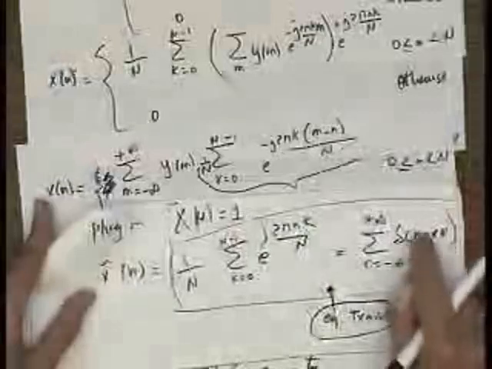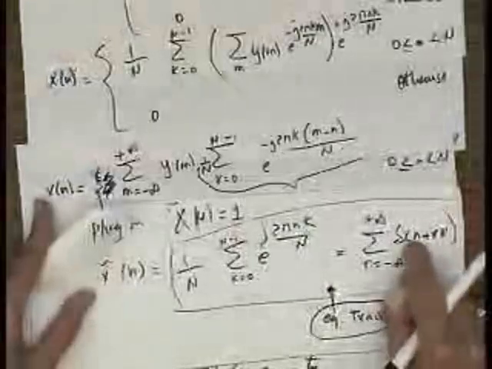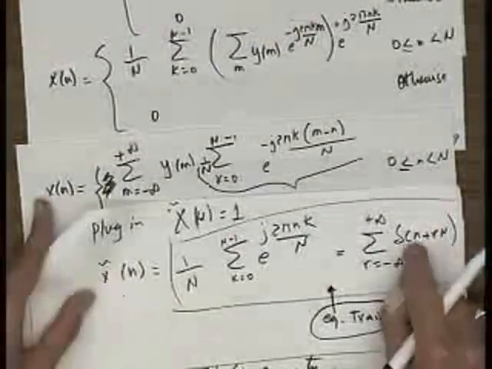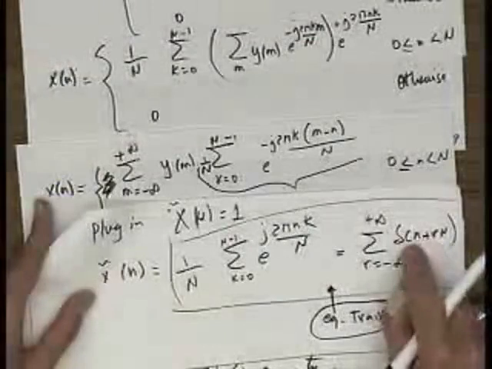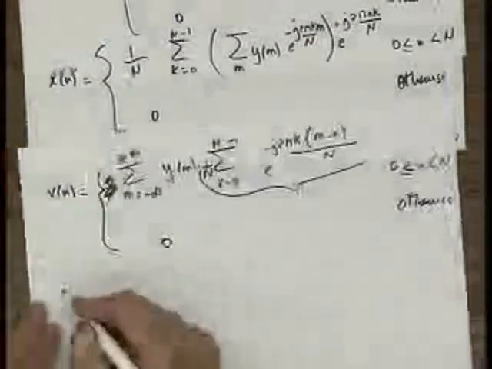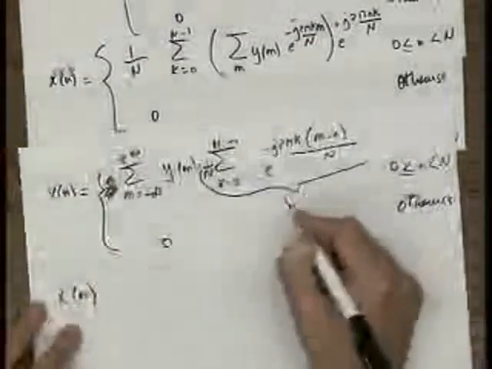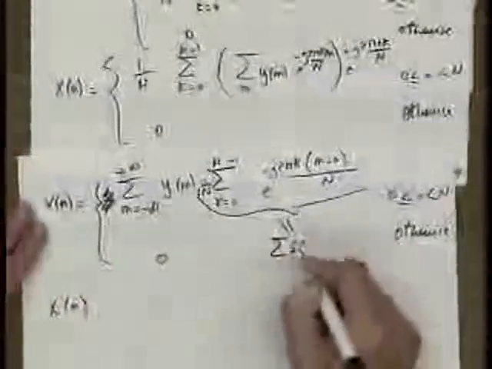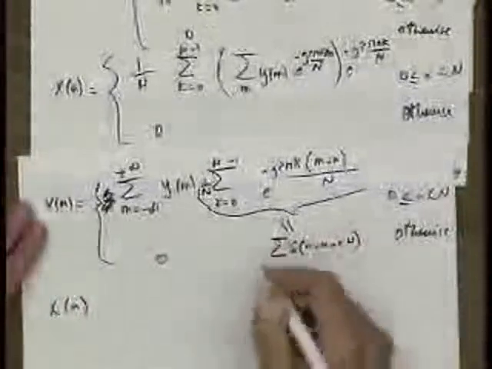As long as I replace this n with n minus m, I'm all done, right? So let's do that. So x of n, this thing is equal to, from last time, the summation over delta of n minus m plus Rn, for R ranging from minus infinity to plus infinity.